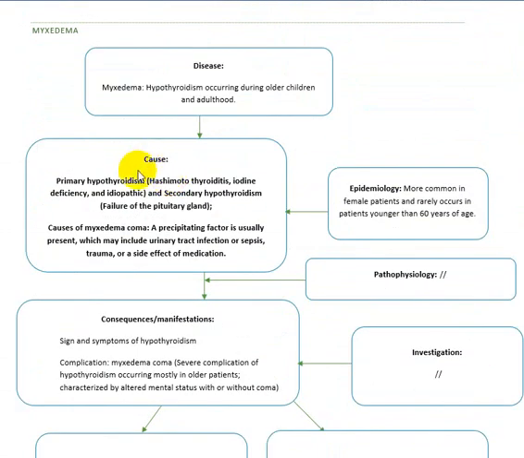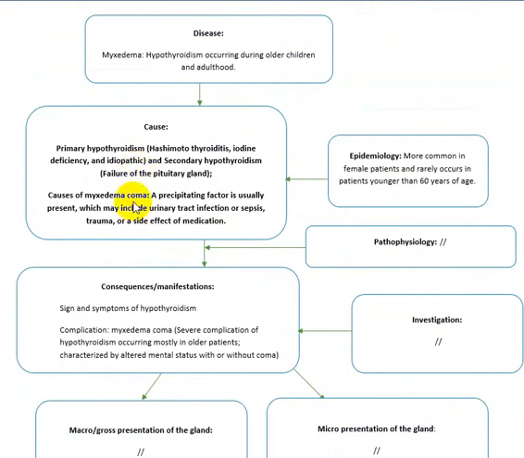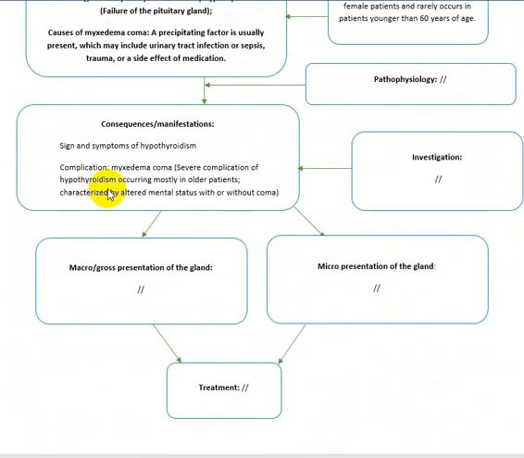In case of myxoedema, you have the signs of hypothyroidism, and in case of myxoedema coma, you have in addition mental status impairment, with or without coma. This occurs when you have a superimposed infection on the myxoedema: urinary tract infection, sepsis, trauma, and side effect of medication.